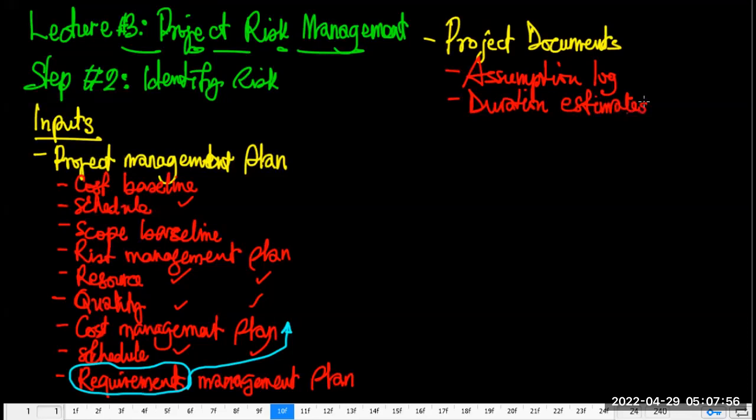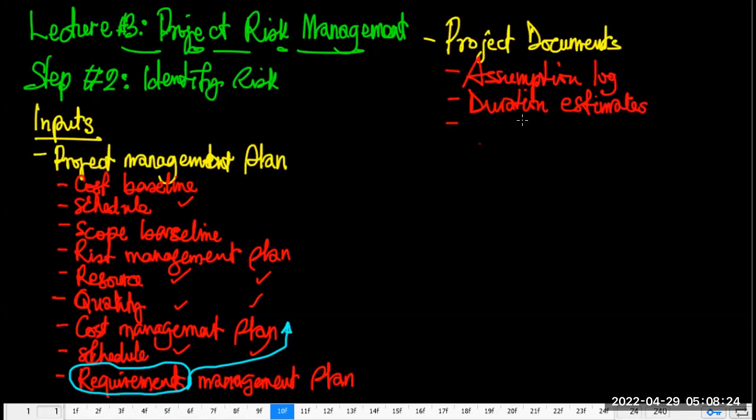We need that document to make an assessment of project duration quantitatively. So we actually need this duration estimate so that we can see at some point where there are likely to be uncertainties or ambiguity with respect to risk.